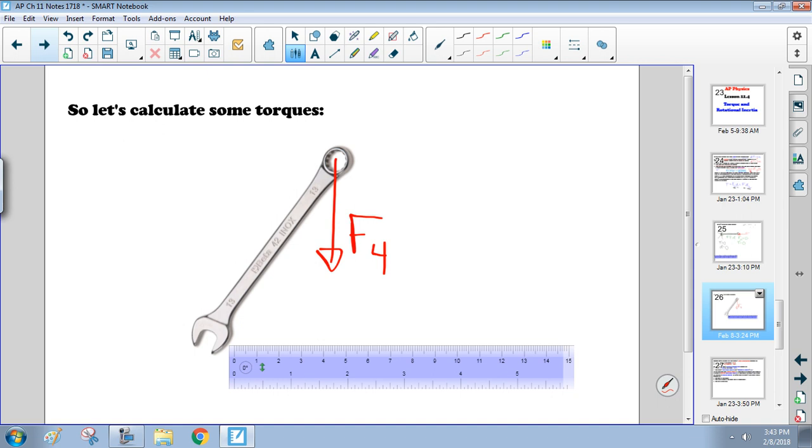So option 1 would be to say, here's my lever arm, and then we'd have to find the component of the force that's perpendicular to that. So you'd go, here's my perpendicular component, here's my parallel component, and then multiply this component by this.